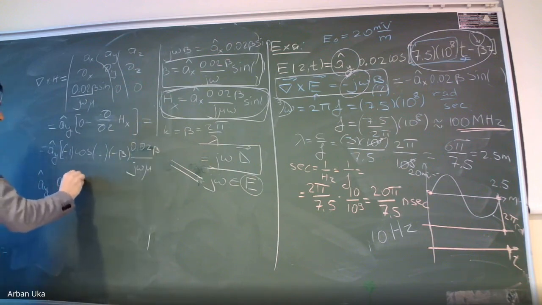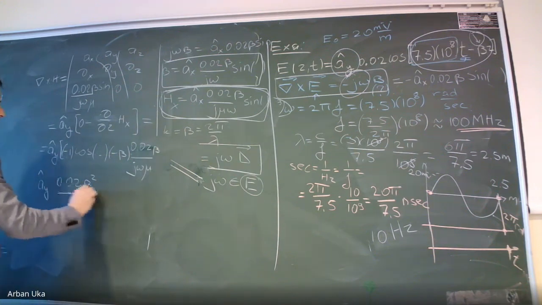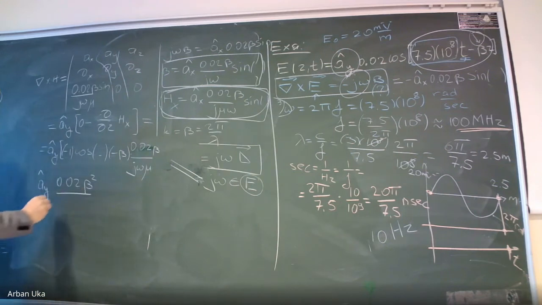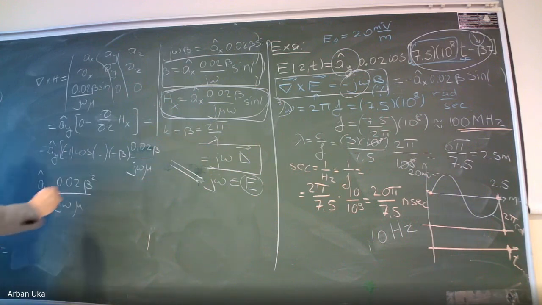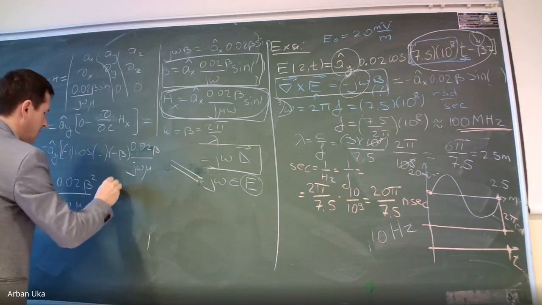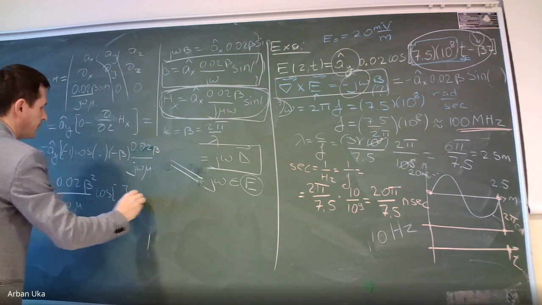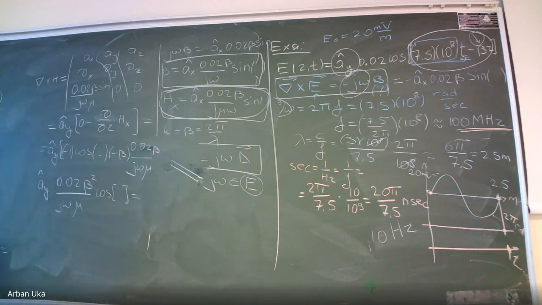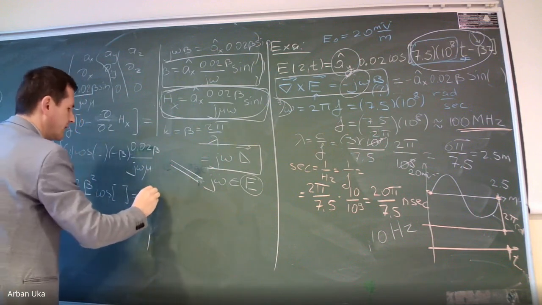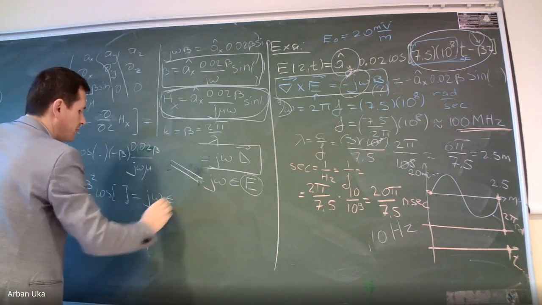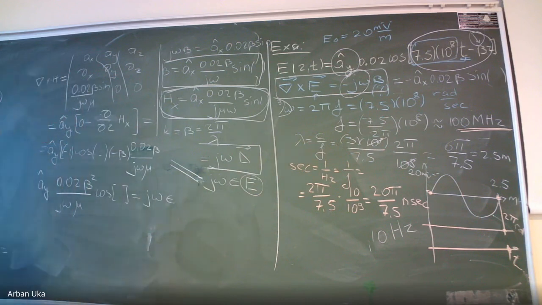So this is 0.02 beta squared over j omega mu cosine. So I think this is all we have on this side. This would be equal to the square root of minus 1 omega permittivity times the electric field.